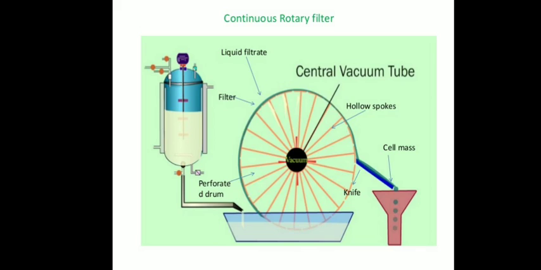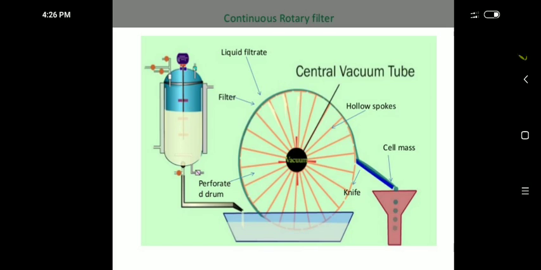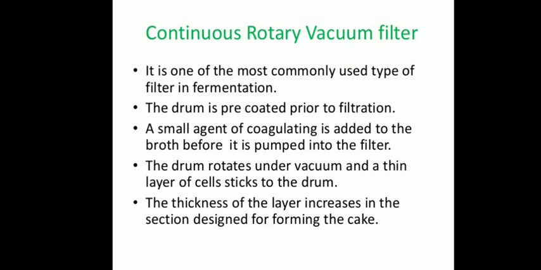Now, in this diagram, the continuous rotary filter is shown. This is one type of filter which is used for the separation of solid particles from the liquid broth. It is one of the most commonly used types of filter in fermentation.